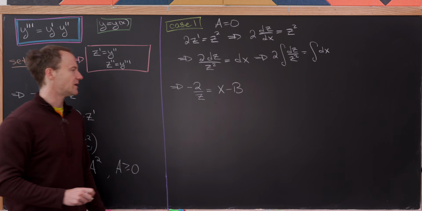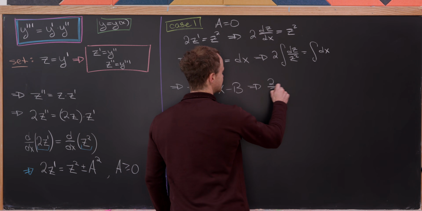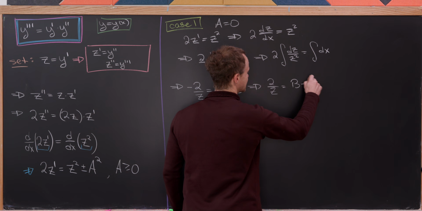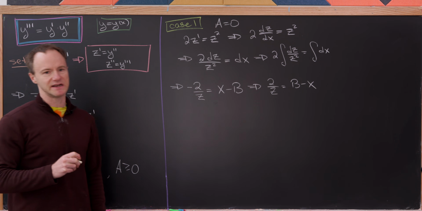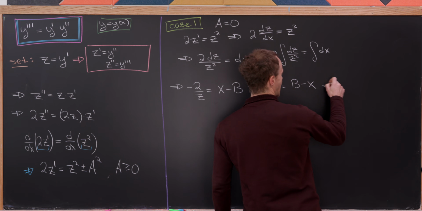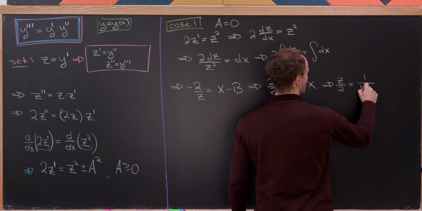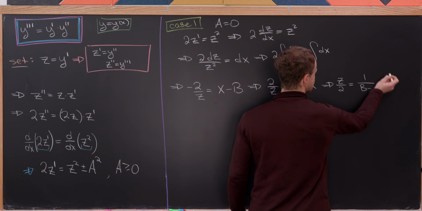And now we can maybe multiply by a minus sign, and that's going to give us 2 over z is equal to b minus x. See, I did that just so I didn't have the hanging minus sign. But then we'll have z over 2 is equal to 1 over b minus x.